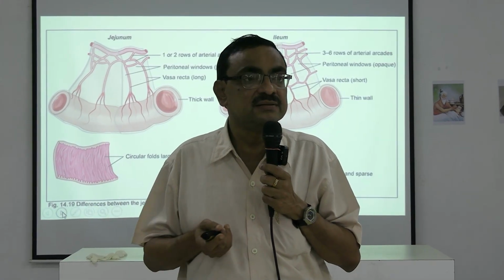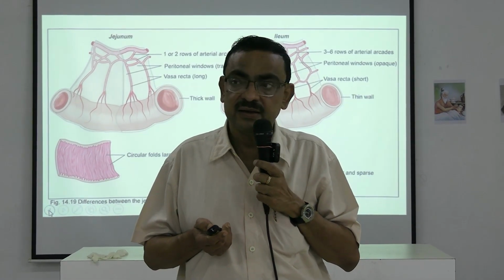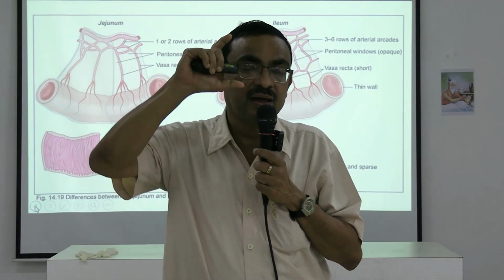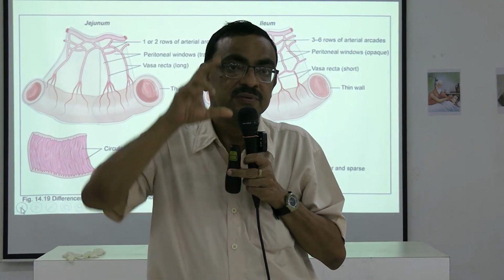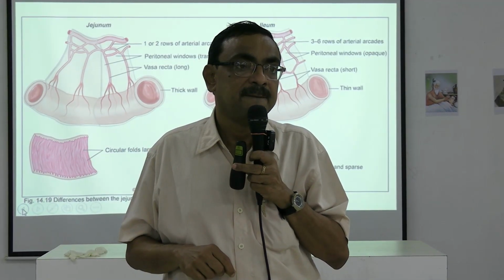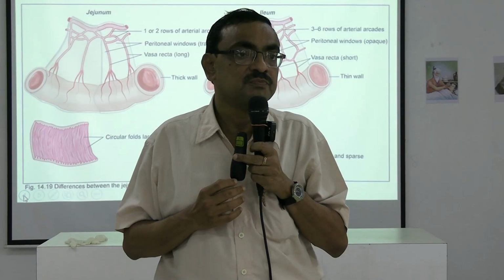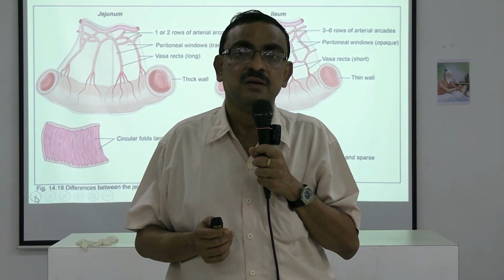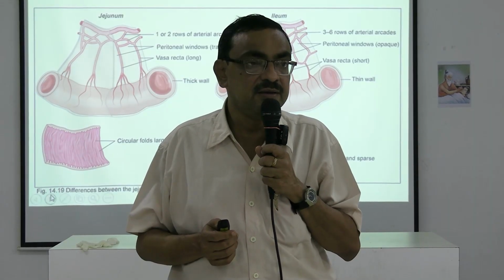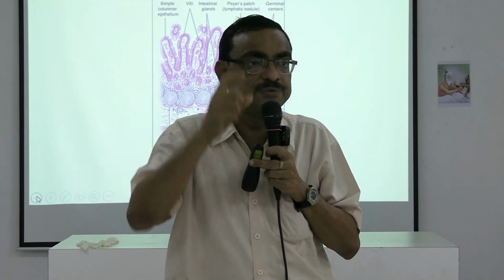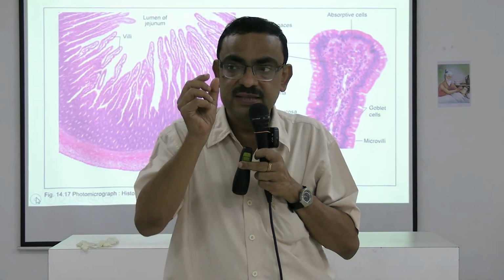In jejunal end, the villi are long, long and stout. Whereas in the ileal end, the villi are shorter or club shaped and thin.